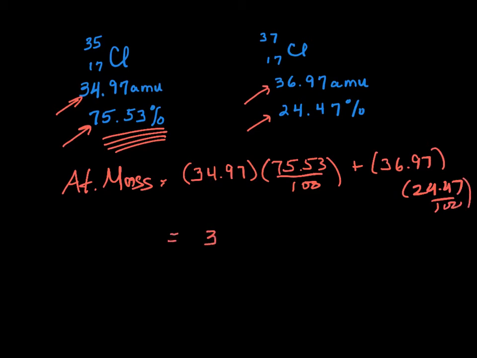We get 35.4594 AMU. Now, we really only have 4 sig figs to go with that, so let's round that off to 35.46 AMU, which is what you'll find on the periodic table.